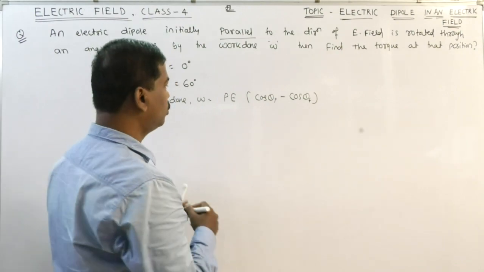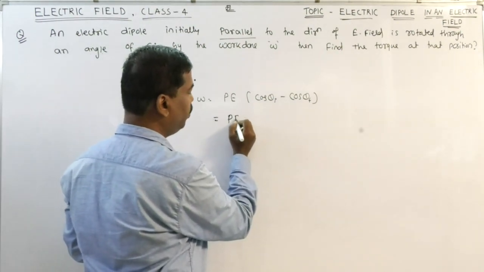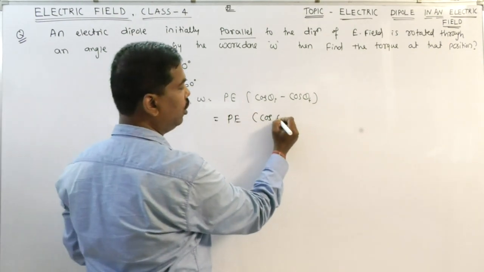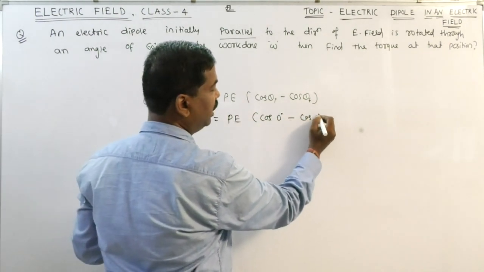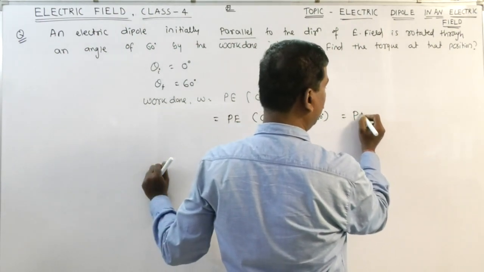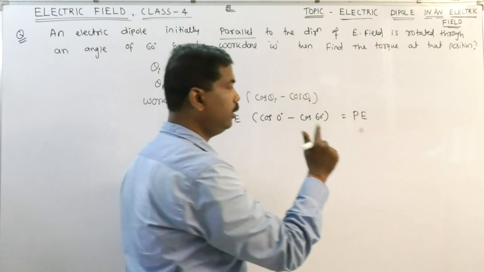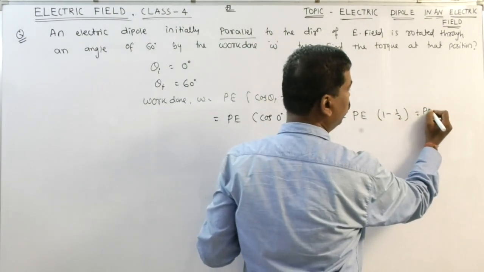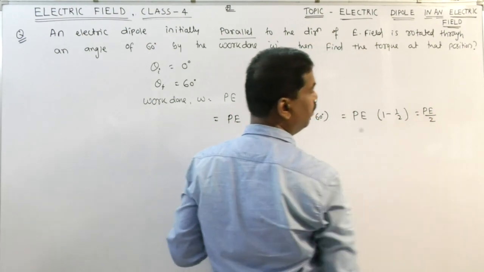So PE into cos 0 degree minus cos 60 degree. Cos 0 is 1, cos 60 is half, and then it is found to be PE by 2.